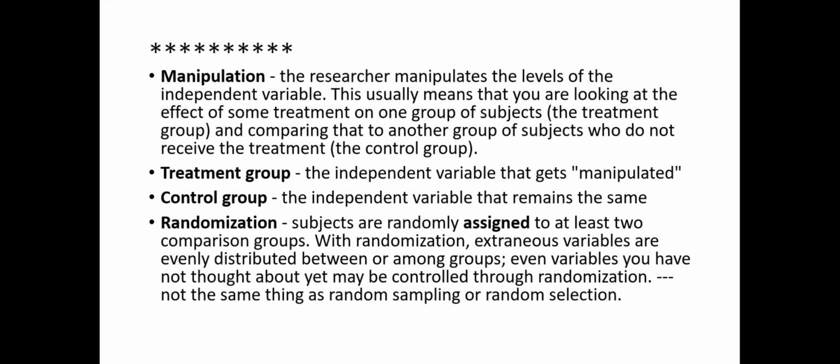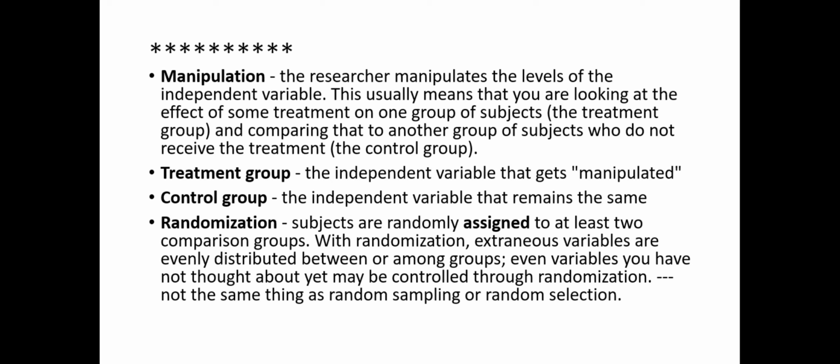Randomization refers to assigning of subjects to at least two comparison groups. It could be one treatment group and one control group, or several treatment groups and a control group. With randomization, extraneous variables are evenly distributed between or among groups.